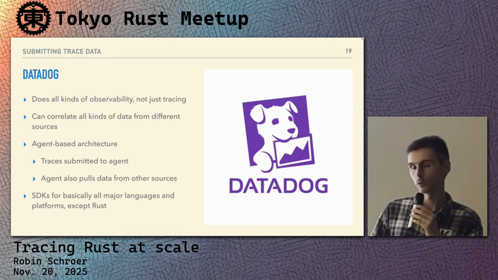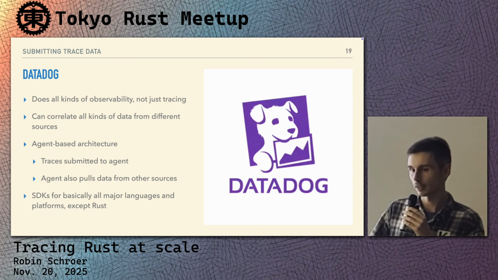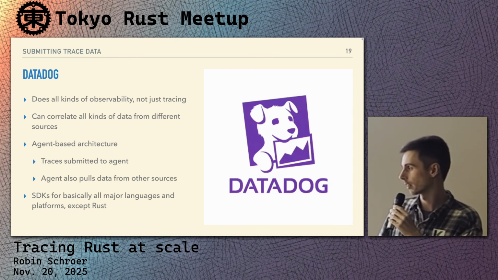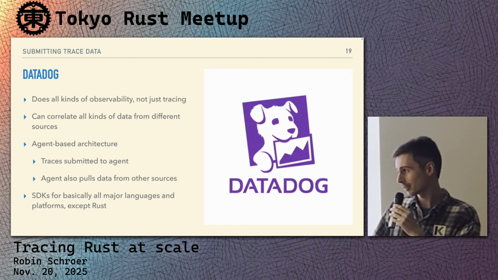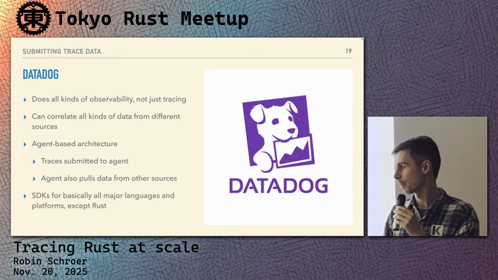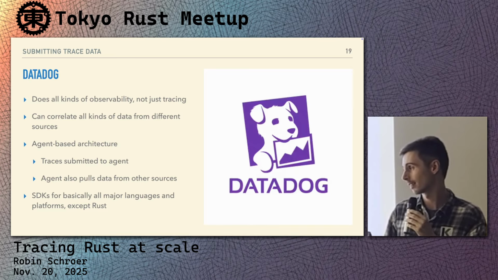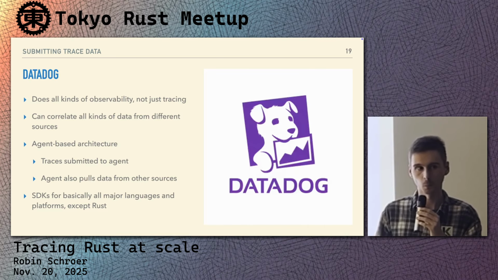And the agent can also be configured to pull data, so it can pull, for example, environment data from your cloud environment, so like running containers or things like that. It can reach into your SQL database and pull things from there. So it's pretty good. And Datadog have SDKs for basically all major platforms and languages, but not for Rust. And I don't know why, because I have Rust, but well.